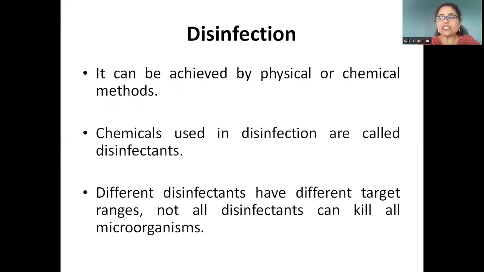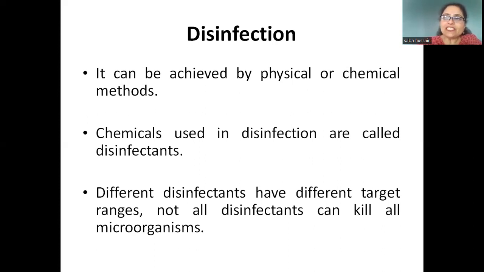If you want to know the details of filtration, the types of filters and pore size, you can go to my video on the methods of sterilization, that is the second video. Here we will concentrate on disinfectants and disinfection and the types of disinfectants that can be used. So we will concentrate on chemicals that are used for disinfection, and such chemicals are called disinfectants.